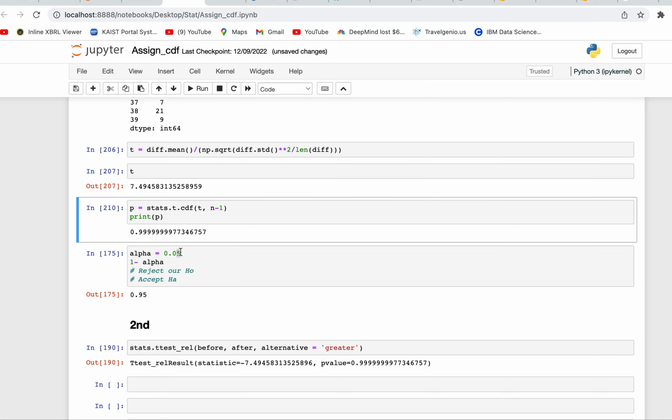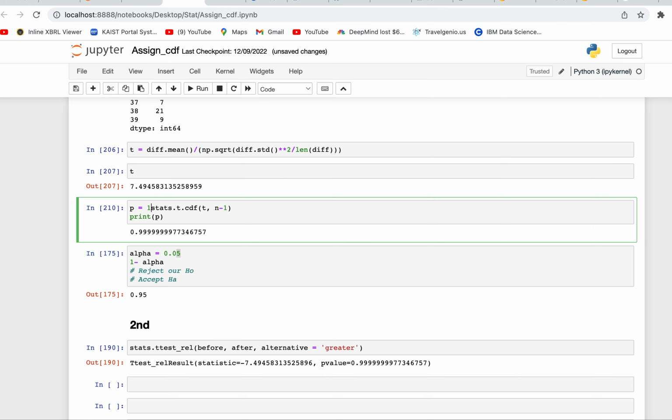As we agreed, our significance level is 5%. Here our p-value is actually from an upper tail test, not lower or two-sided. This tests whether it's lower.